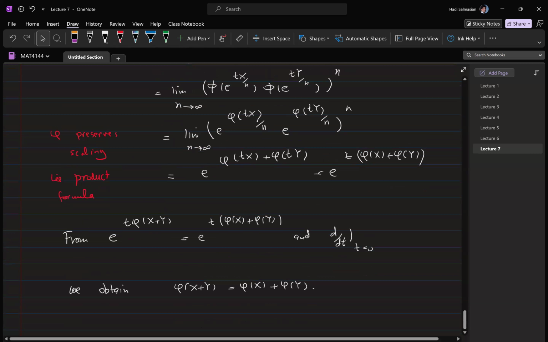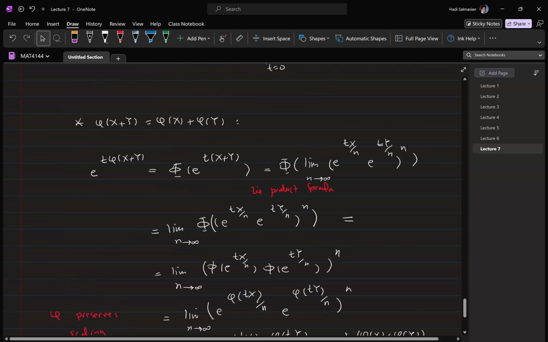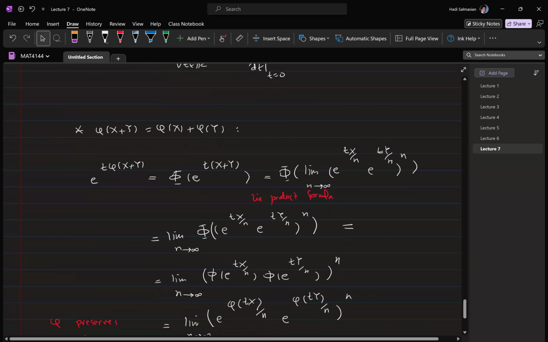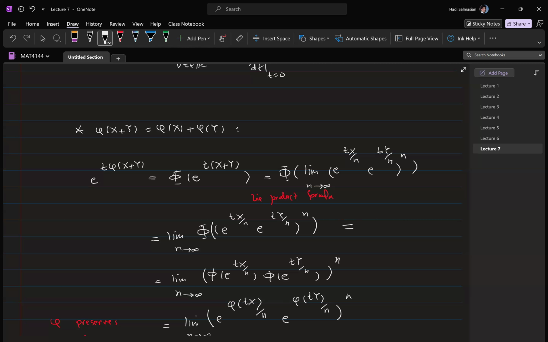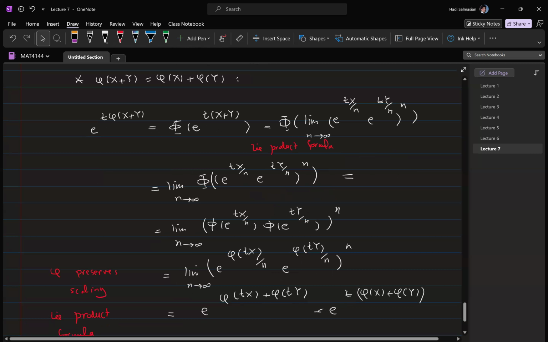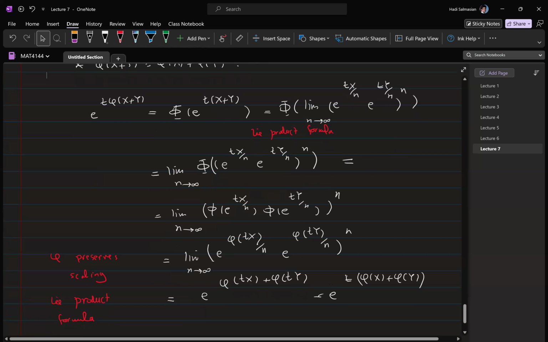Maybe. All right, so just to scroll up a bit. For showing that phi preserves addition, we started with the definition of phi of the sum. It's the generator that gives the one parameter subgroup obtained by phi composed with e to the tx plus y. Now I use the Lie product formula for the thing inside, and then composition with phi is possible because phi is continuous, so limit and phi commute.